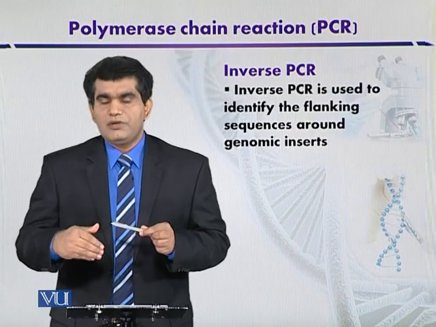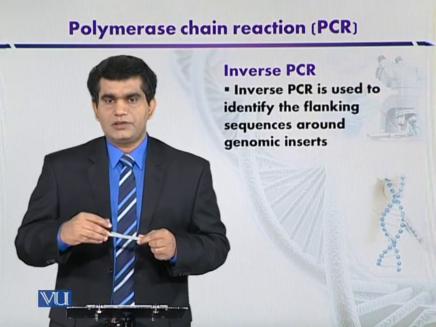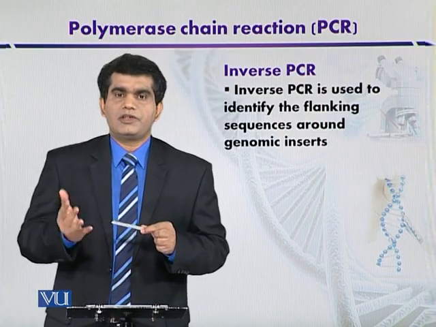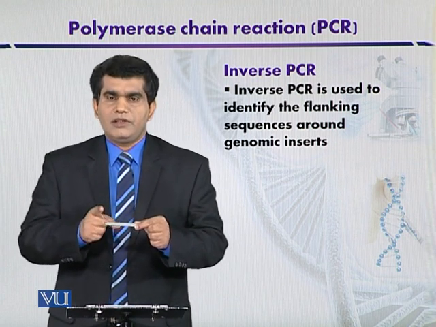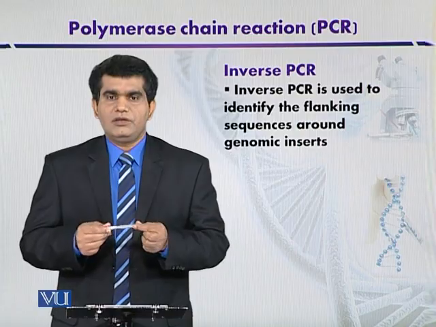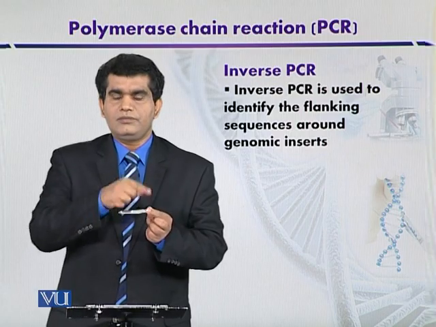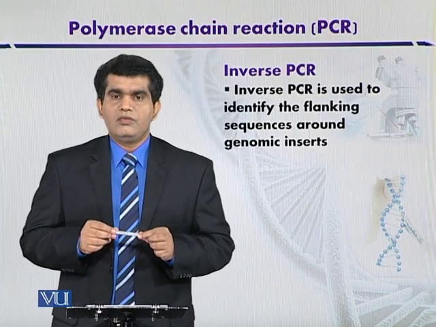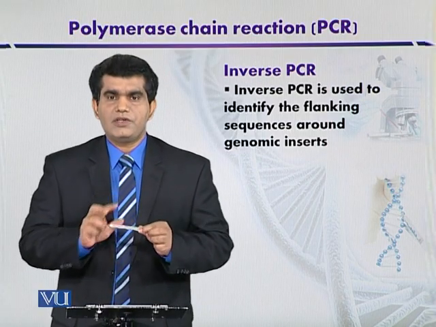It can be possible by using a variation of PCR which is called inverse PCR. How? Suppose this fragment has been digested with a particular restriction enzyme, like restriction enzyme A, B, C, or it may be EcoR1, so that it has generated sticky ends. Now, with the help of those sticky ends, this DNA fragment can be circularized, converted into a circle. So when it is converted into a circle, within the known region we know the sequence, and we know the restriction enzyme which can be used that has the target site within the known sequence.